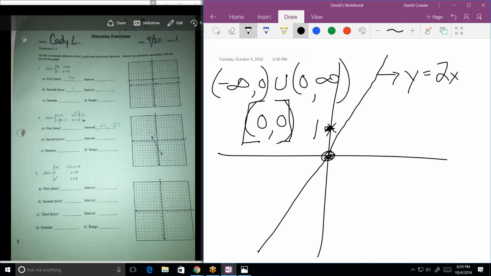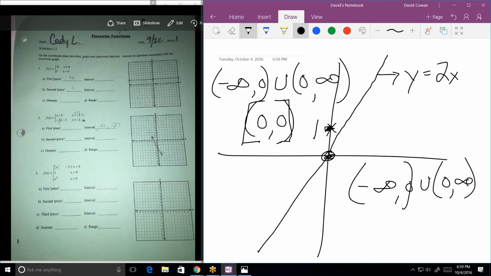Okay, what's the range from looking at the graph? The range would be the same. I don't think you can get y to be equal to 0. Oh, okay. It's going to be negative infinity to 0 in combination with 0 to positive infinity.